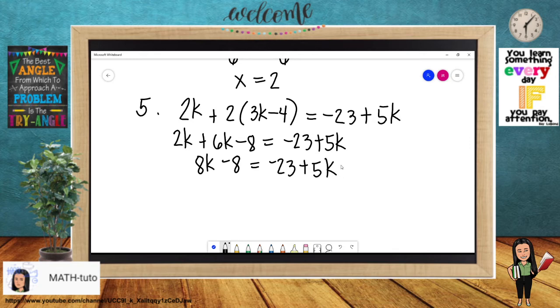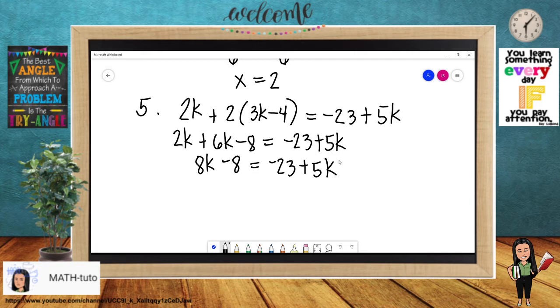So, all variables should be on the left. Pero, if you want, you can put all the variables on the right and then just apply symmetric property in the end para mapunta yung variable dun sa left side.